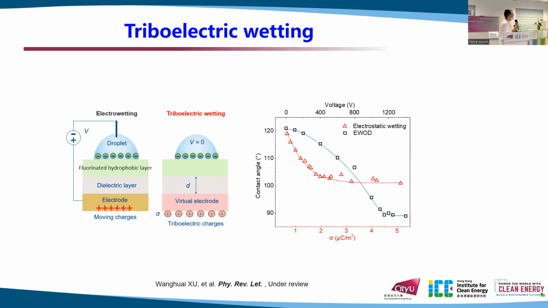As we can see in the picture, this layer can store sufficient electrostatic charge, so we call this layer a virtual electrode. And when this virtual electrode is charged, the droplet shows a similar wetting effect, just the same as that in electrowetting.